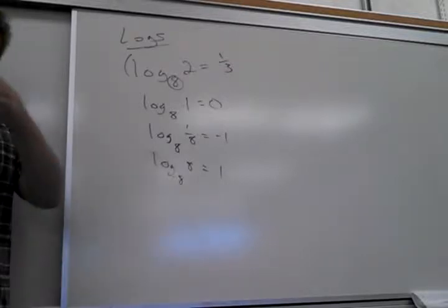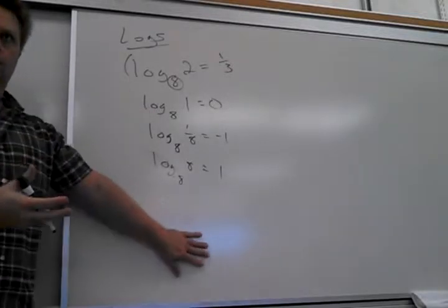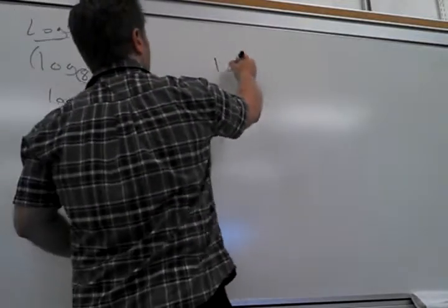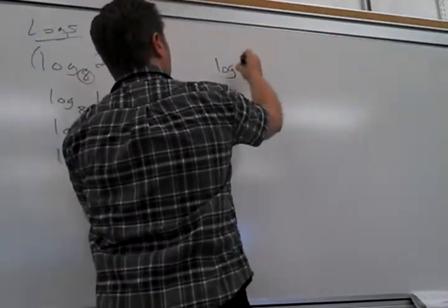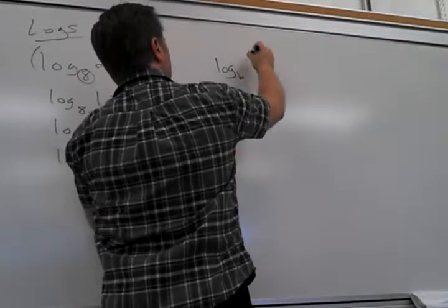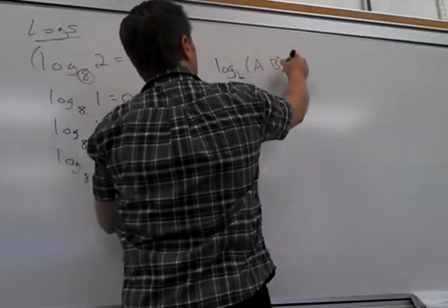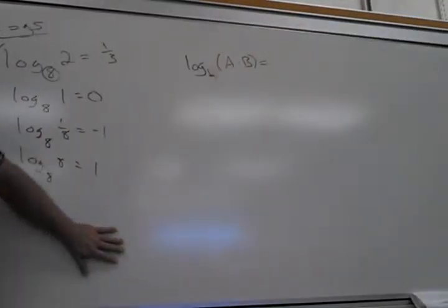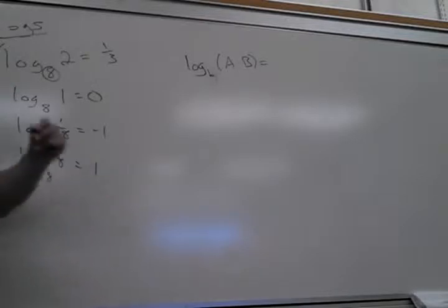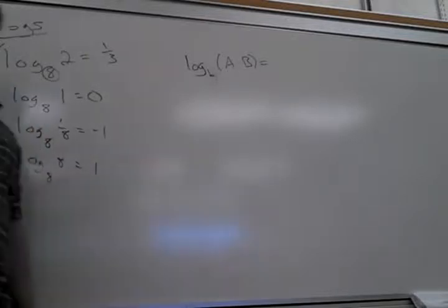So that, of course, led to the properties of logarithms, right? So if I have log base b of A times B, how could I rewrite that? What do you do with the powers when you're multiplying with like bases?